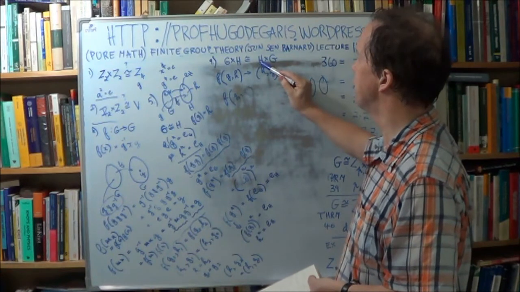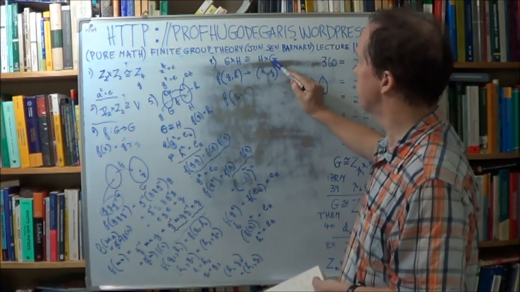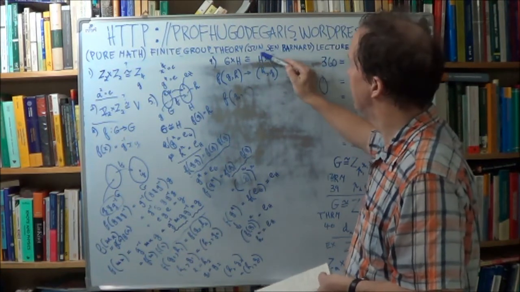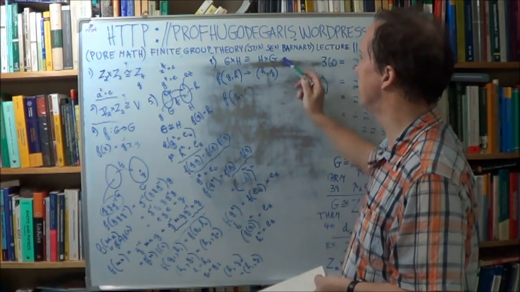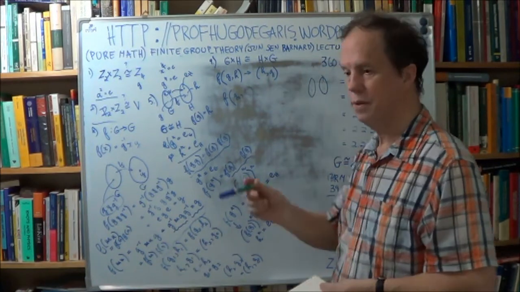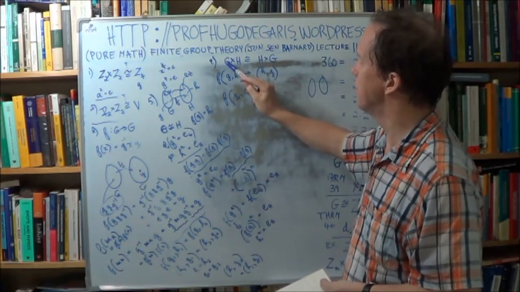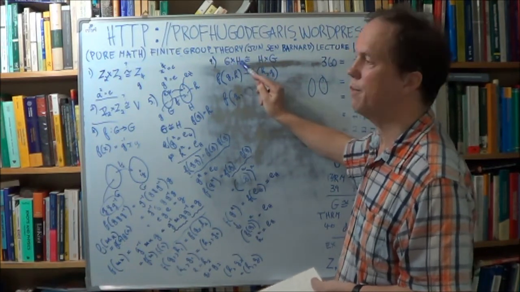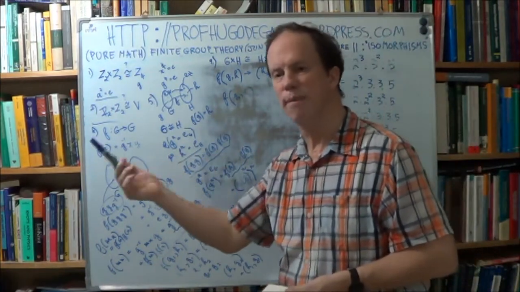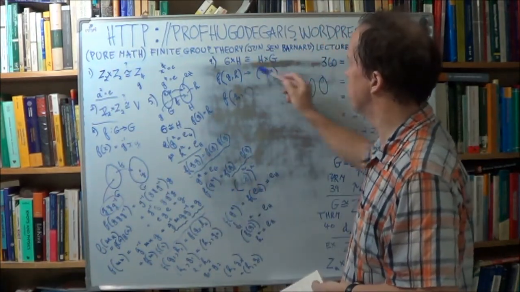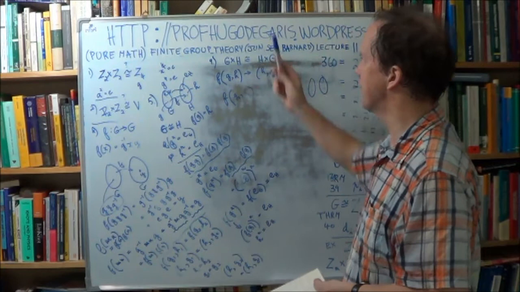The order of this is N, the order of this one is M, so the order of the direct product is N times M. And the order of this product is M times N. Well, MN equals NM, so the two orders are the same.